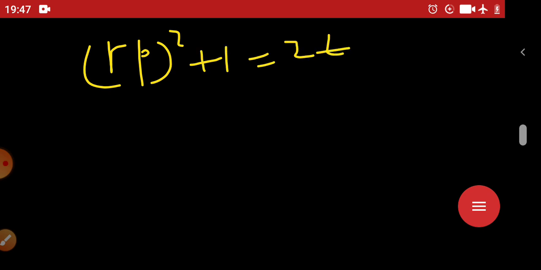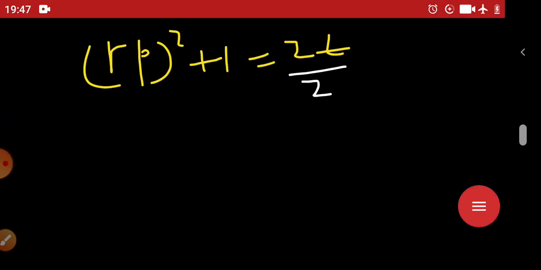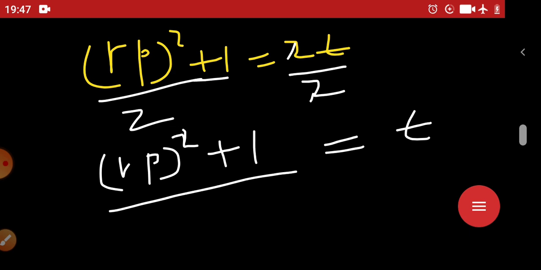Remember, we're making t the subject of the formula, so our final step will be removing this 2. The 2 is multiplied by t, so we need to divide by 2 both sides. So this will cancel out. So here we have t, and the left hand side we have rp squared plus 1 all over 2.